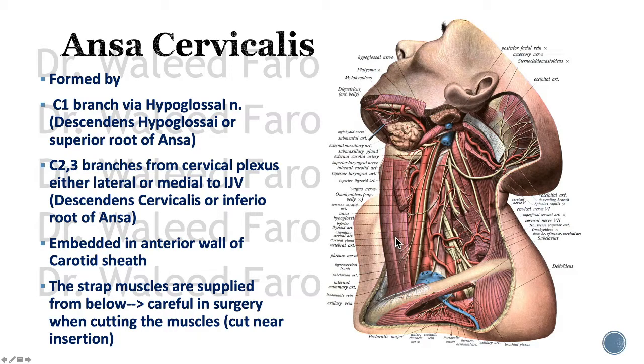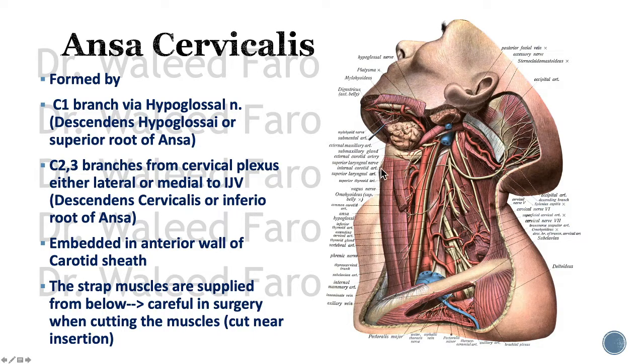Now I want you to notice something: the ansa supplies the muscles from the lower part. So when you operate on this area, especially on the thyroid, or you're doing something with the trachea or the larynx, and you want to cut these muscles to clear the field, don't cut them down at the lower part.